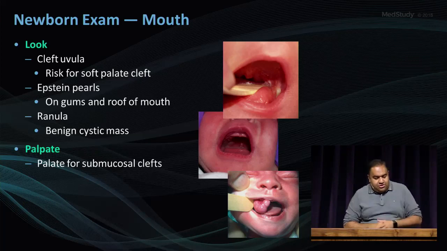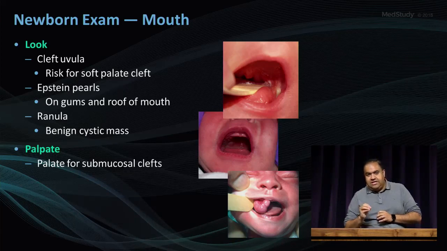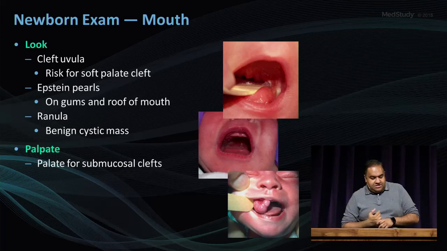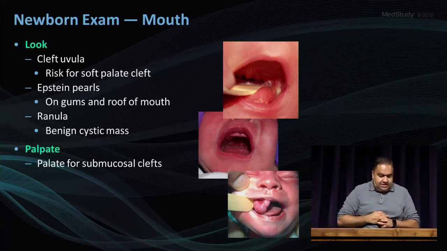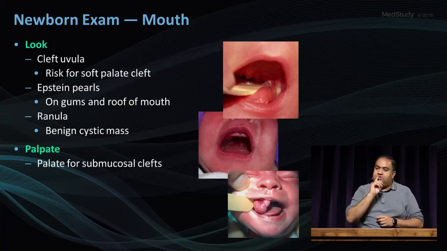Epstein pearls. There are three types of epidermal cysts that occur: Epstein's pearls, Bohn's nodules, and milia. The Epstein's pearl is like a little pearl.